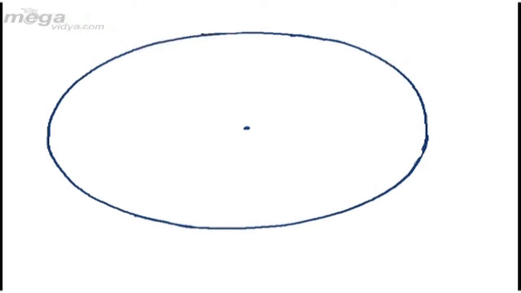So student, this is the definition. The locus of a moving point, suppose the moving point is P whose coordinate is x comma y, the path described by the moving point, such that its distance from a fixed point, suppose it is O whose coordinate is h comma k, is always constant.